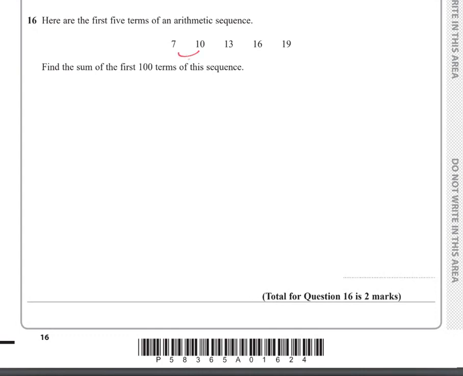Our common difference is 3. See, it goes up in 3s. And the first term is 7.